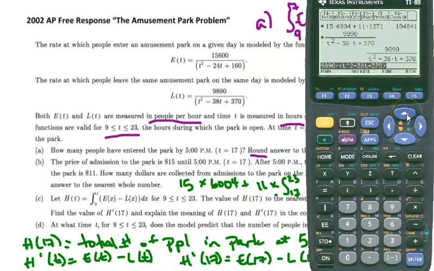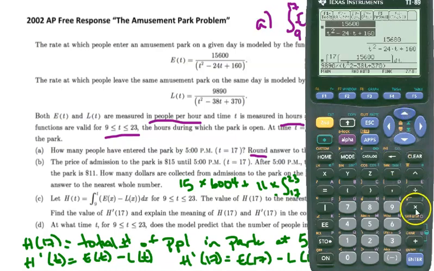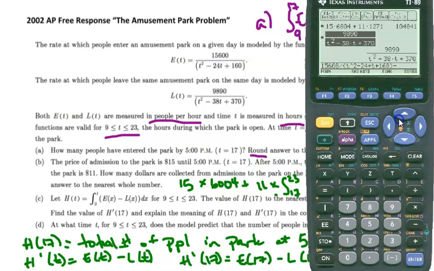So what I'm going to do is go up and grab my E function, the rate at which people are arriving, right here. Actually, what I'll do is subtract out my entire L function, and then evaluate that difference where t equals 17.